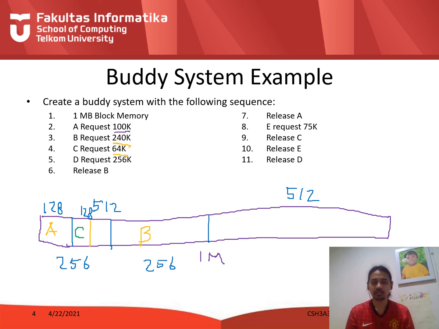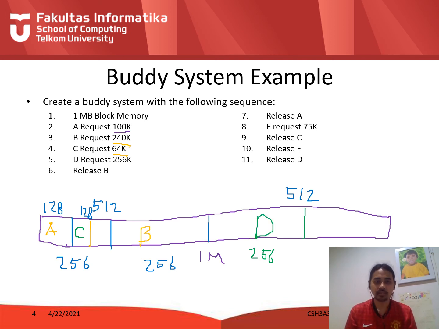Don't mind the colors, they don't mean anything. And then we have D, which is 256. So there are no more partitions. We create a new partition here, and this is 256 and 256. So D goes here.